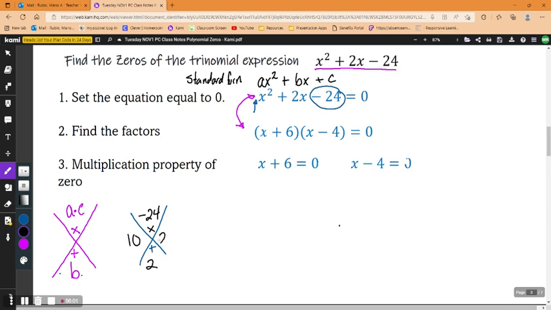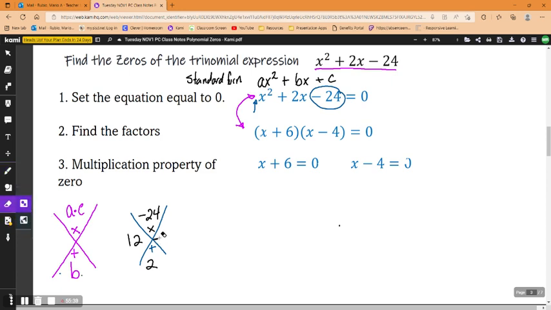12 times 2 is 24, so I need one of them to be negative. 12 times negative 2 is negative 24. 12 minus 2 is 10, so that actually doesn't work.